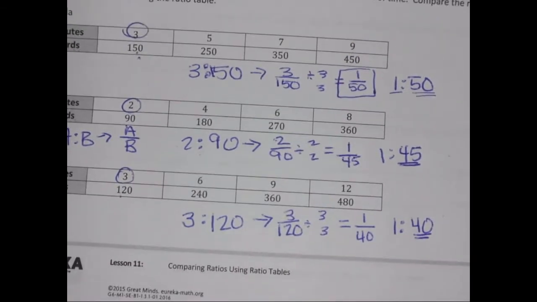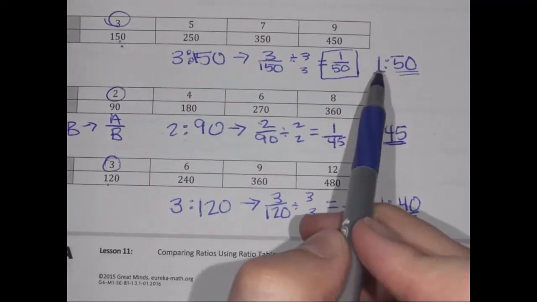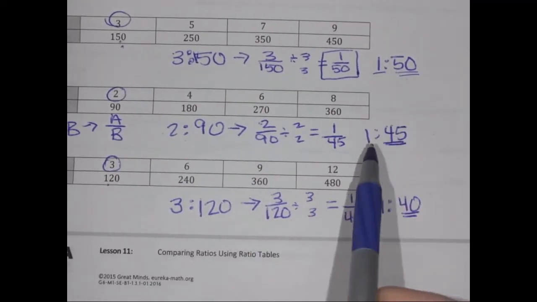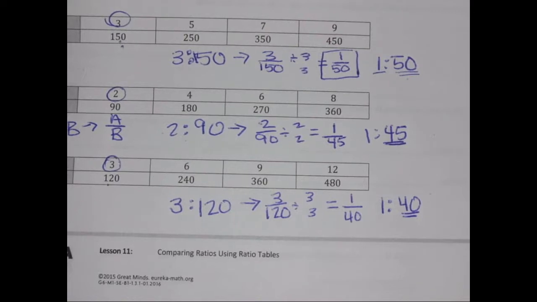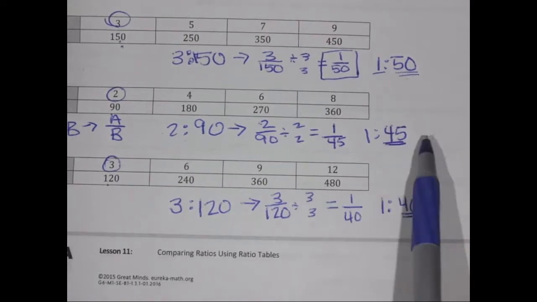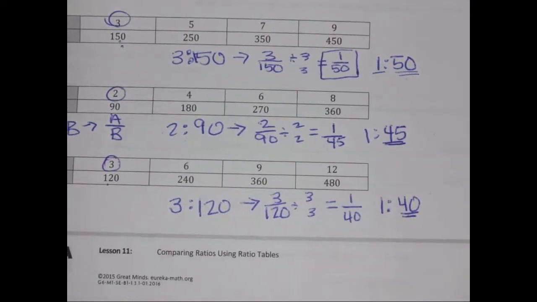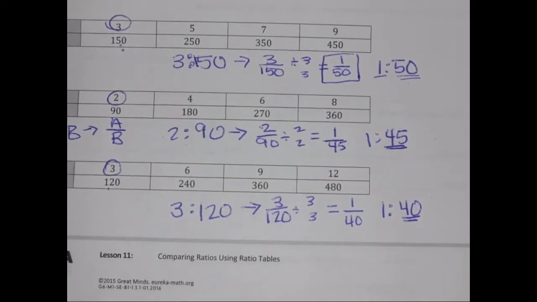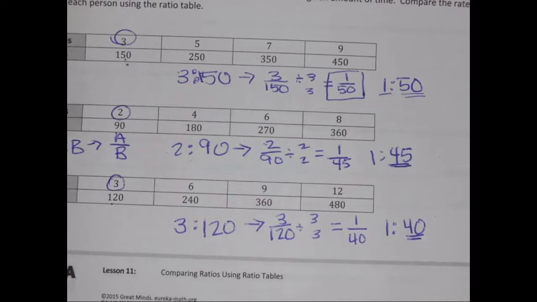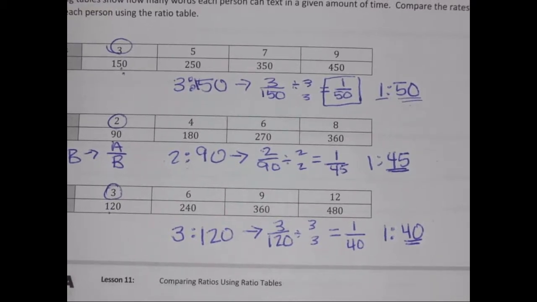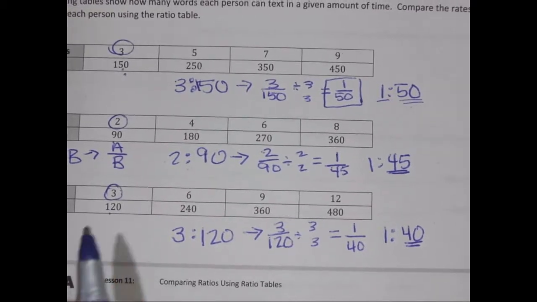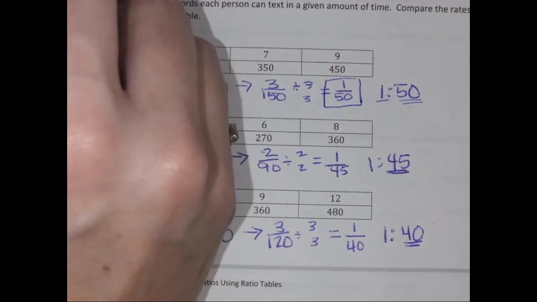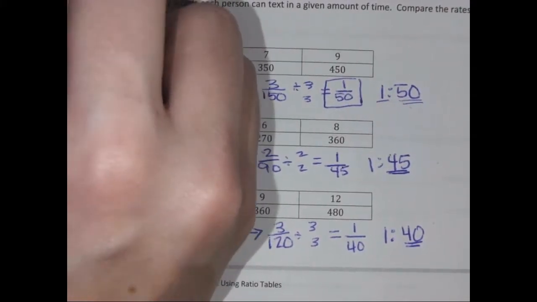So how many words per minute can Maria type? 40. So now we can compare, right? We're comparing how many words they can write in 1 minute. So it's fair to look at the second number and get an idea of who is texting the fastest and who is texting the slowest. Who texts the fastest, Cecile? Michaela.